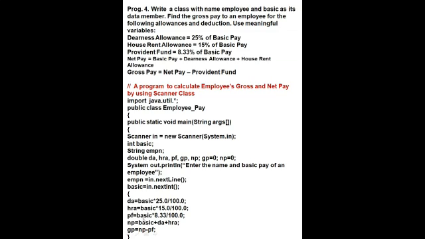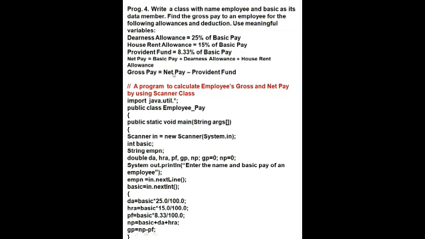PF. In each and every formula we will write the terminator also. PF is basic pay multiply 8.33. Now net pay: basic plus DA plus HRA. We will write here basic plus DA plus HRA. Now GP, gross pay. In place of gross pay we have taken GP.